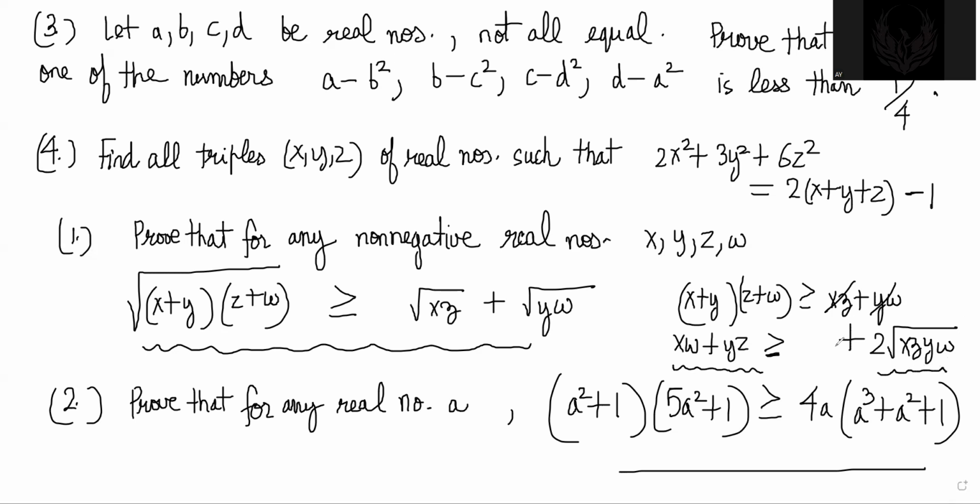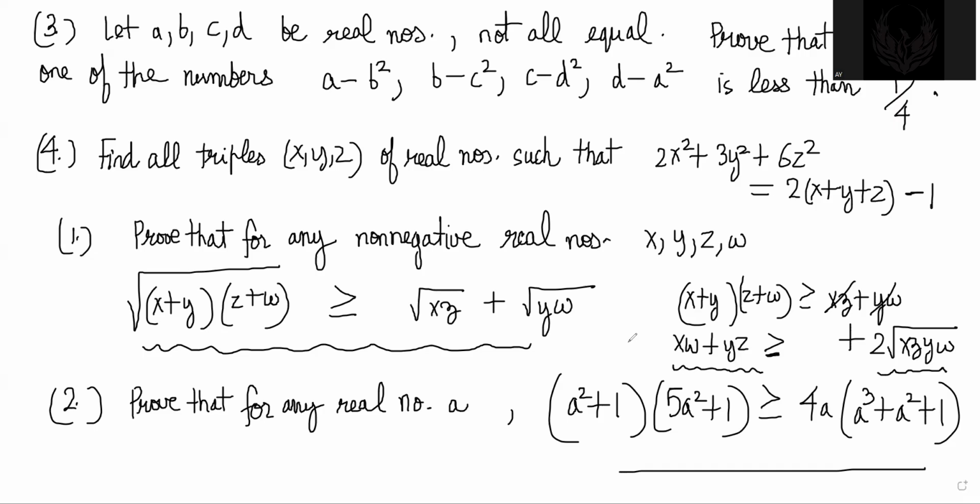Why is that correct? Because we can send it over to the other side and make a perfect square. What is the perfect square? I think it's root xw plus root yz. How can you do it plus? Oh, minus, sorry.